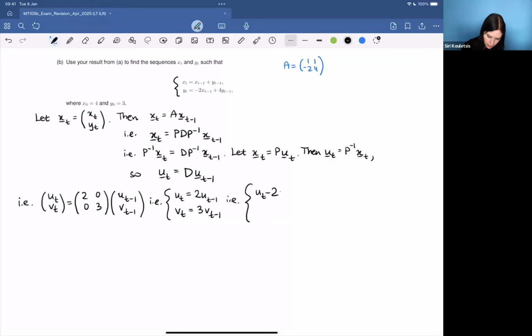And so we have these first order difference equations here that we can easily solve. Just going to write down the auxiliary equation for each of these.